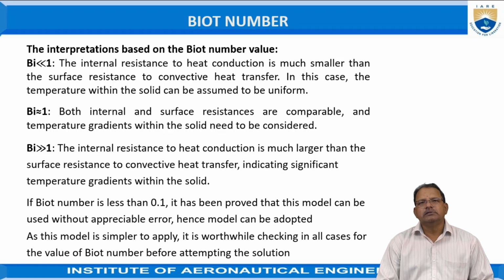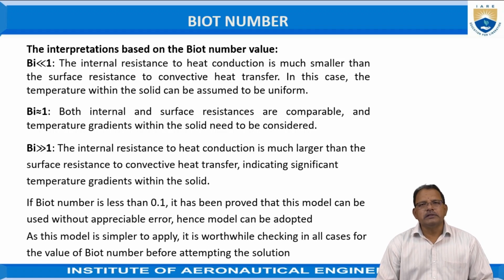If the Biot number is much less than 1, the internal resistance to heat conduction is much smaller than the surface resistance to convective heat transfer. In this case, the temperature within the solid can be assumed to be uniform.